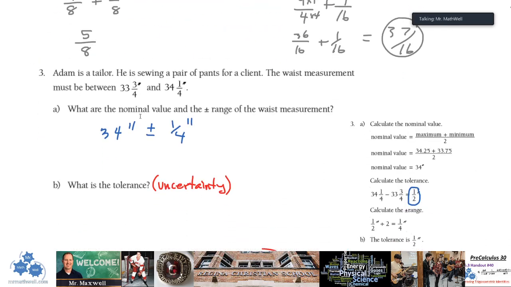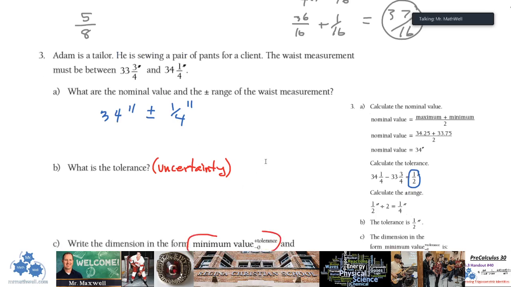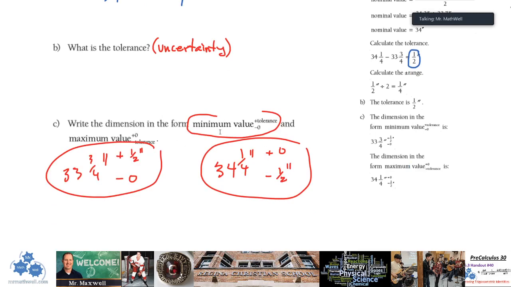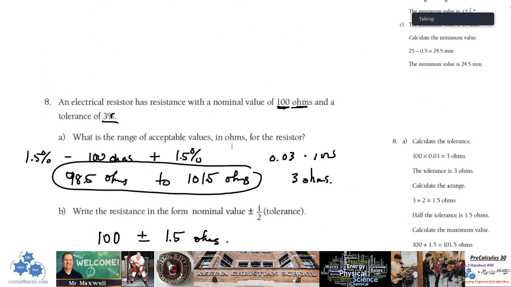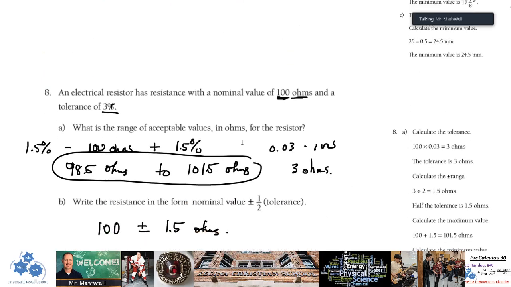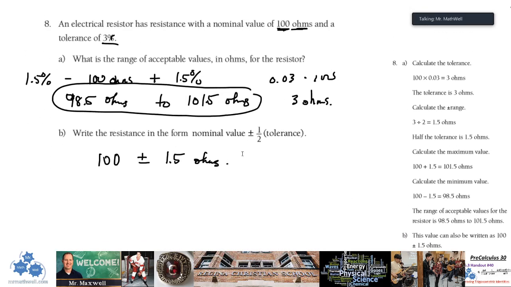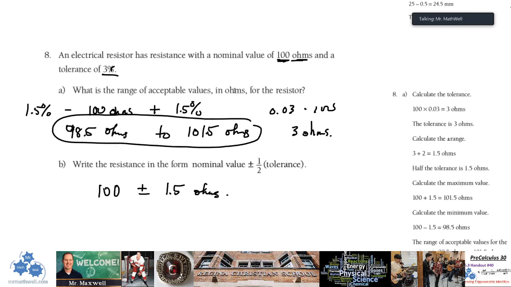We're also talking about nominal value and tolerance, which is sort of like the average value and the uncertainty in a sense. Okay, different ways of expressing the range of values, and some questions regarding that sort of thing. So that's your general review for chapter 2.